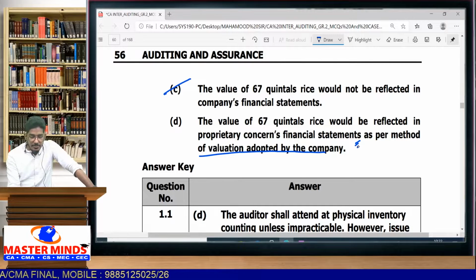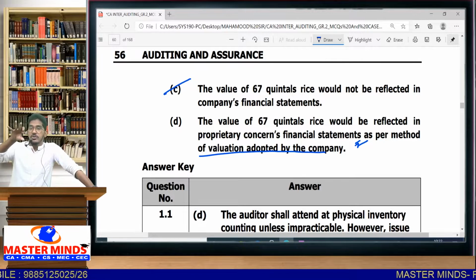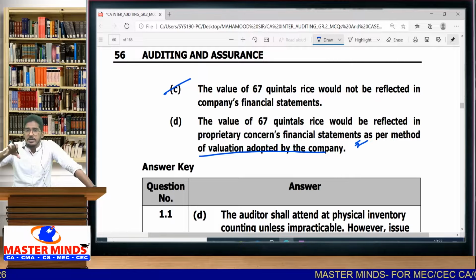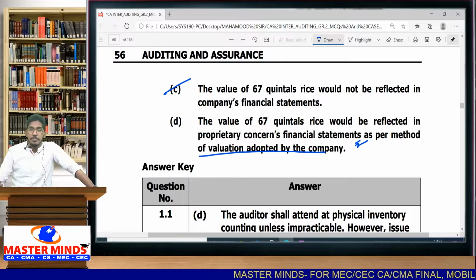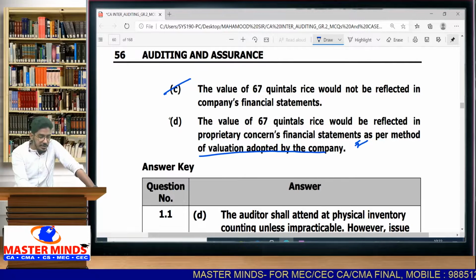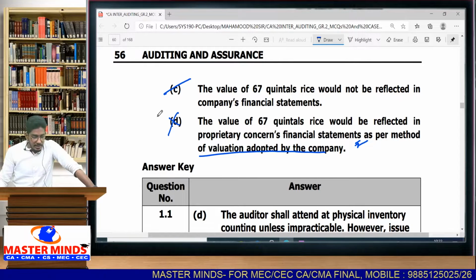But the mistake here is as per the valuation adopted by the company. You are including the stock in the proprietary concern's books of accounts, so you have to see what valuation method is adopted by the proprietary concern, not the company. So option D is also wrong. The correct option is C.